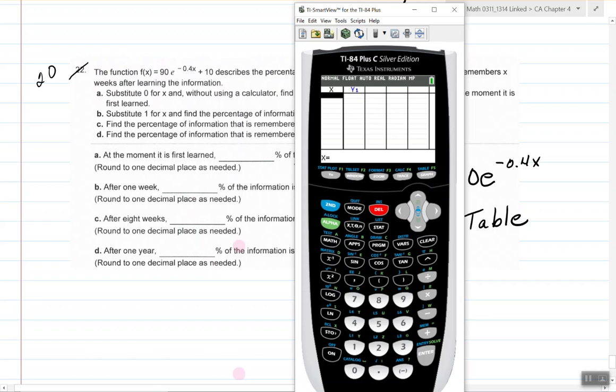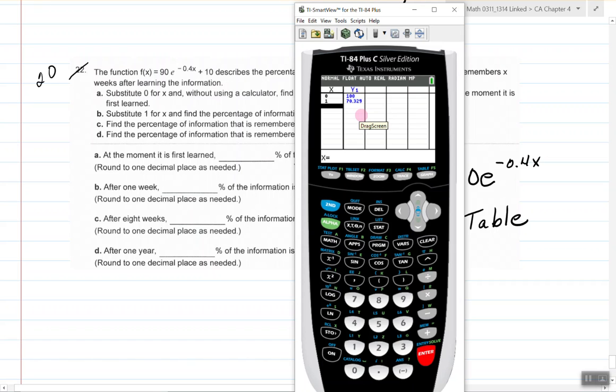All right, I'm going to delete these. I'm going to put in 0. That is 0 weeks, and I will remember 100%. Then, after 1 week, I will remember, and it says to round to 1 decimal place, 70.3%.